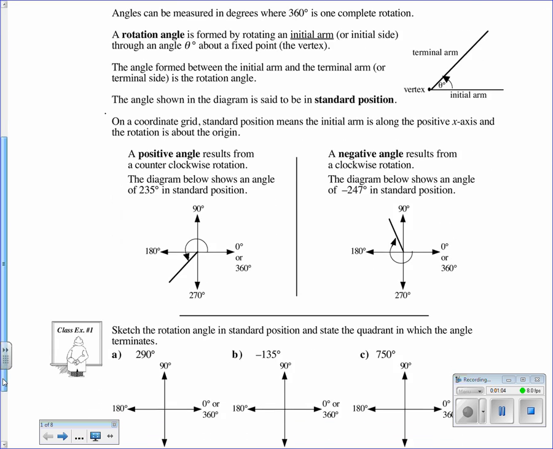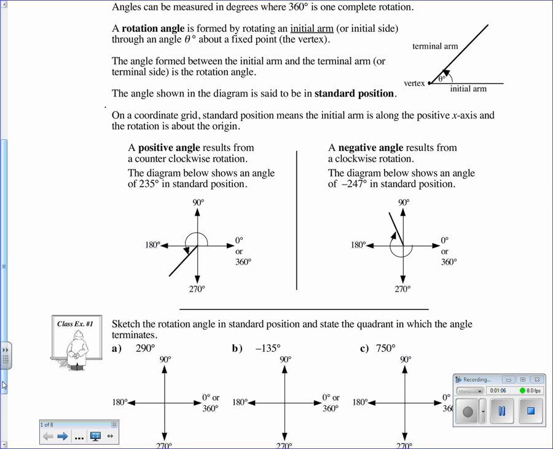A rotation of 235 is diagrammed starting at the positive x-axis and rotating 235, or starting at the positive x-axis and rotating counterclockwise till you hit minus 247.